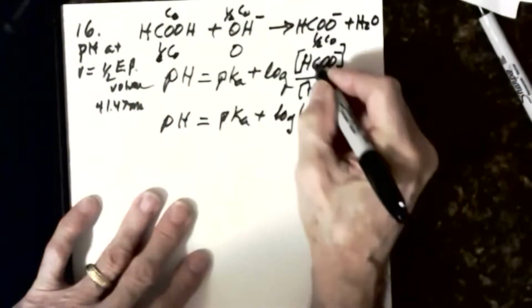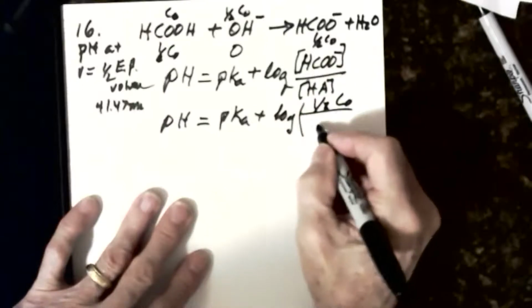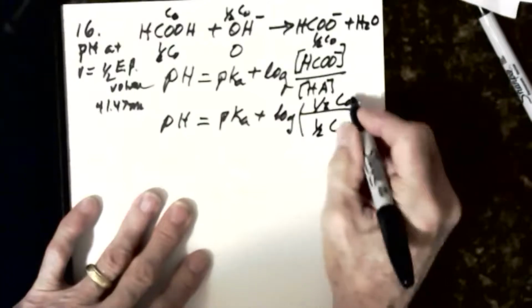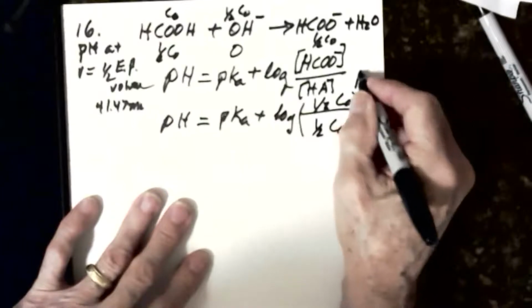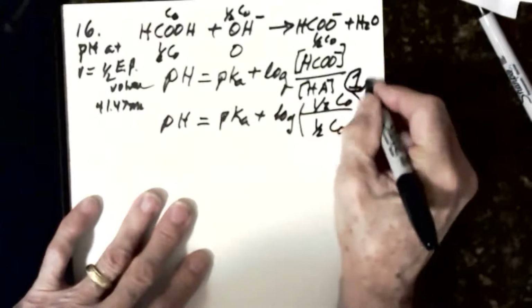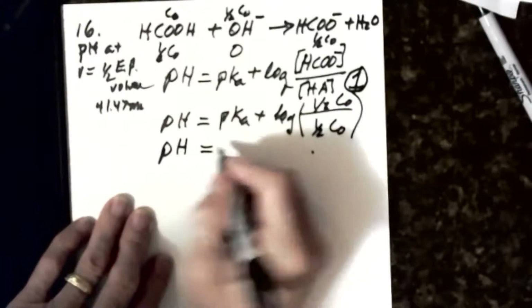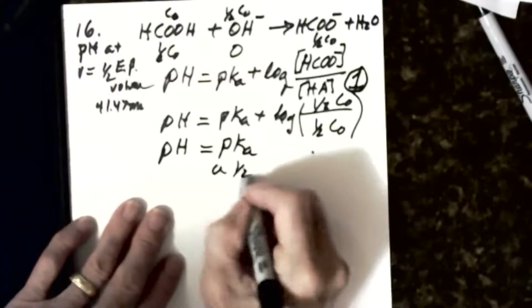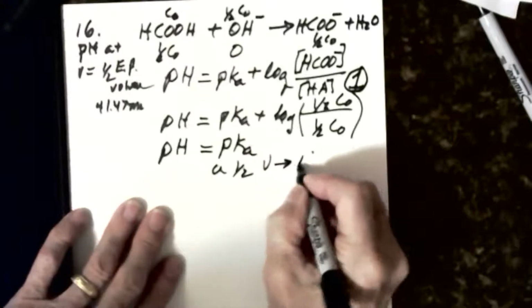So this concentration is 1/2 of the initial concentration, and this one is 1/2 of the initial concentration. This is going to divide into this, and it's going to be a 1. The log of 1 is 0. So the pH is equal to the pKa at 1/2 the volume to reach the equivalence point.